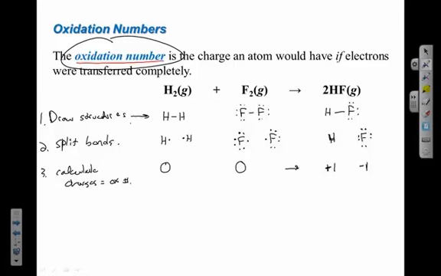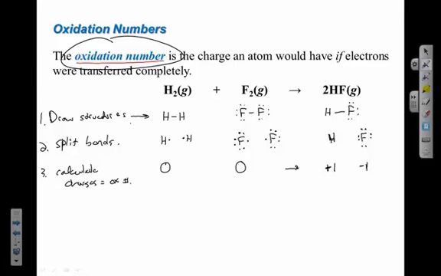Once you've got the oxidation numbers, then you can determine which substance is oxidized and which substance has been reduced. So which of my two elements is oxidized, the hydrogen or the fluorine? Here, OIL RIG kind of doesn't work so great. It works well in situations where I can see electrons being lost or gained, but here I can't really see that as well. Maybe I can.